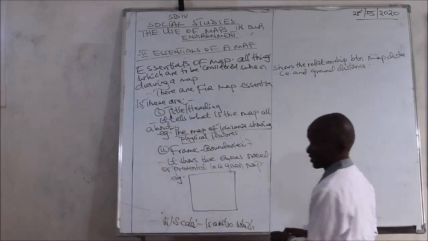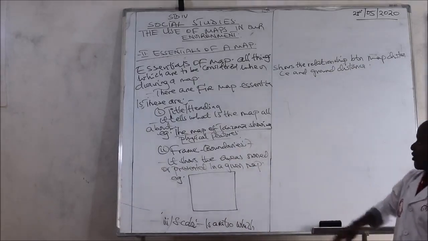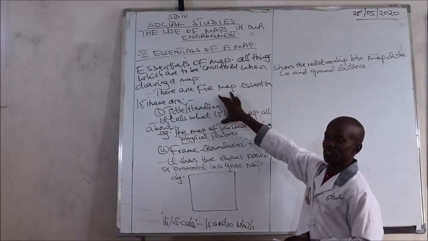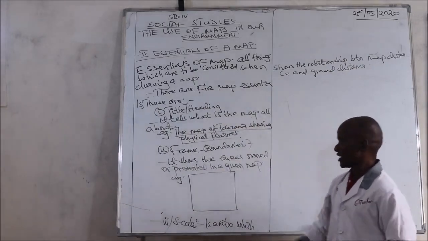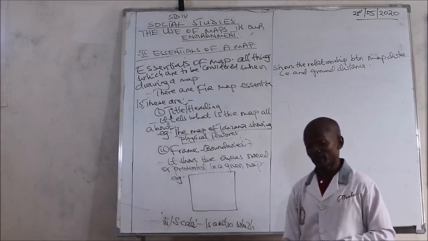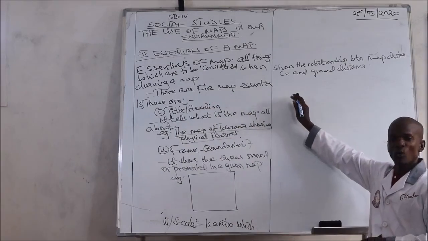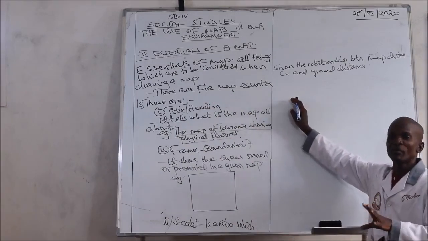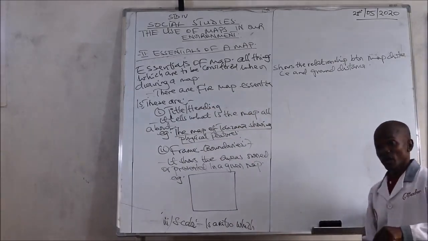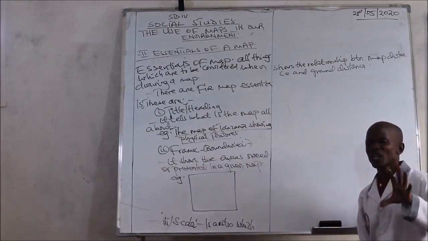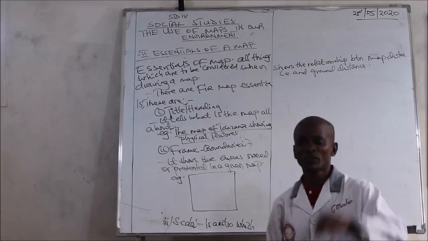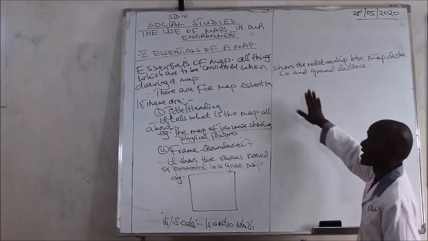This one is the meaning of the scale. Now, after you have identified that my map has a title, then there is a frame, it is high time for you to think, what is the scale of my map? For instance, I just want to draw the map of Tanzania. Which kind of scale am I going to use?